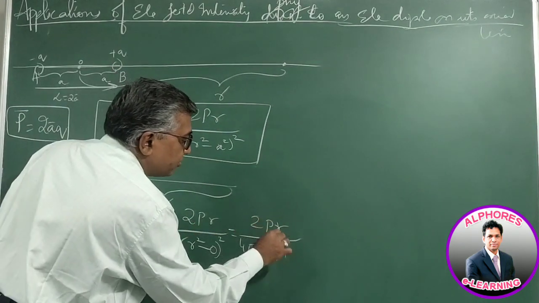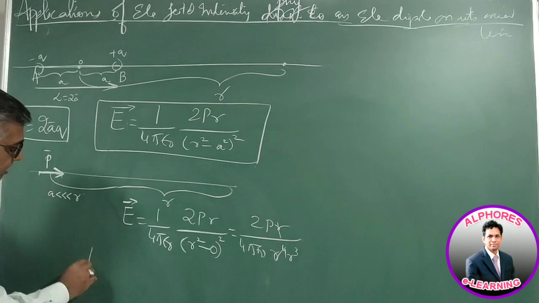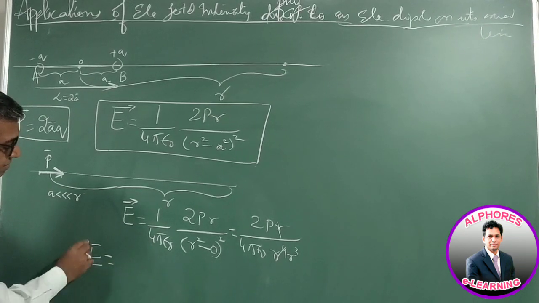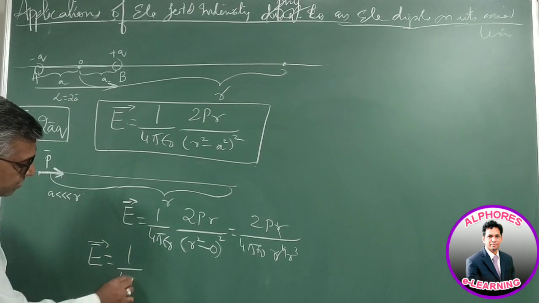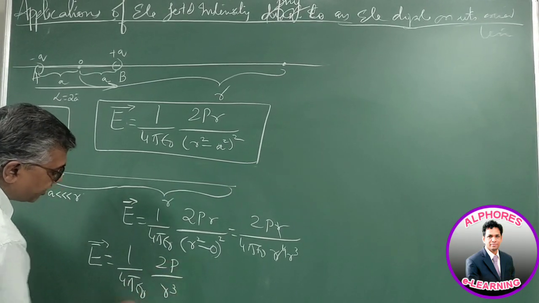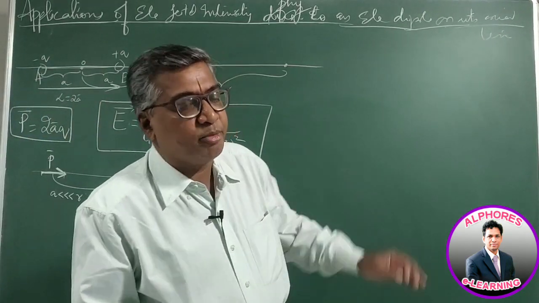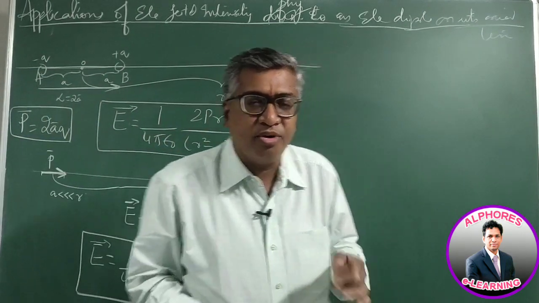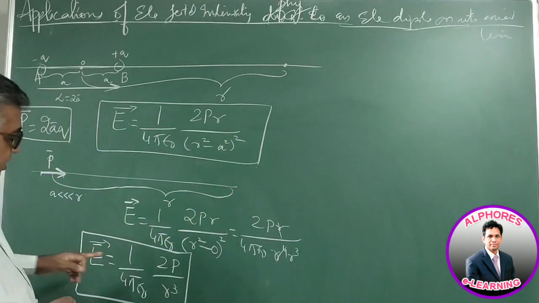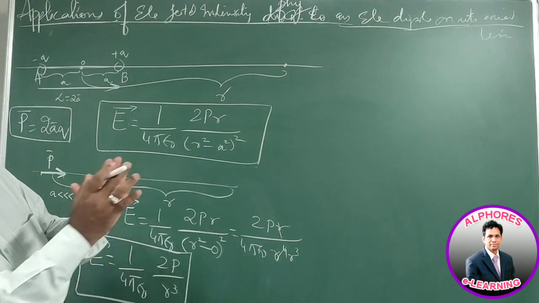So cancelling one of the r, I get r cube. Therefore, for a short dipole, the electric field intensity is 1 by 4 pi epsilon naught, 2p by r cube. The electric field intensity due to an electric dipole on the axial line, for a short dipole, is 2p by r cube. Magnitude wise, 1 by 4 pi epsilon naught, 2p by r cube.